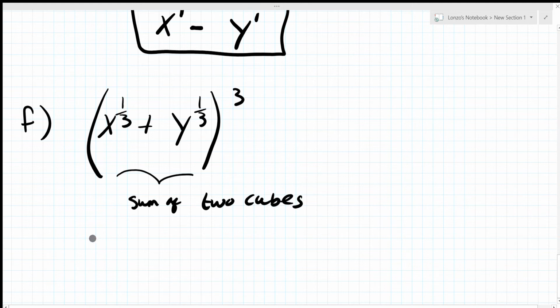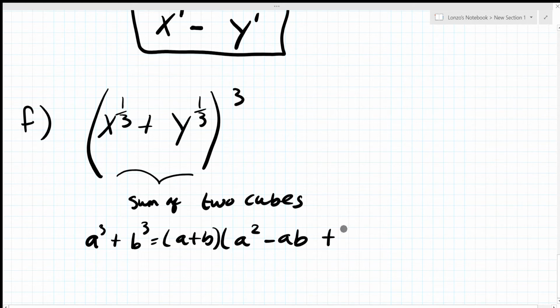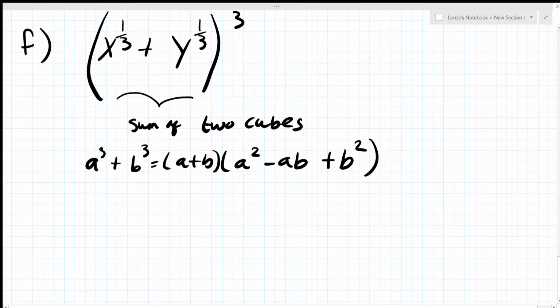If you remember, the sum of two cubes looks something like this: a cubed plus b cubed equals a plus b times a squared minus ab plus b squared. That is the sum of two cubes.